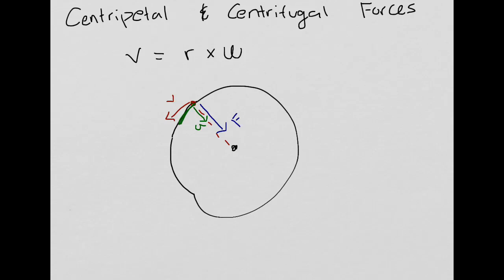If you recall, Newton's third law states that for every action, there is an equal and opposite reaction. So, for example, in centripetal forces, there is an action-reaction pair. The can feels a pull from the string, and then the can pushes back on the string as well. In centrifugal forces, there is no reaction pair.